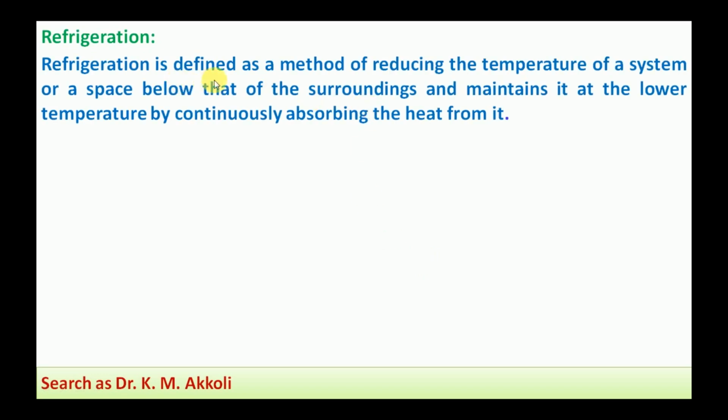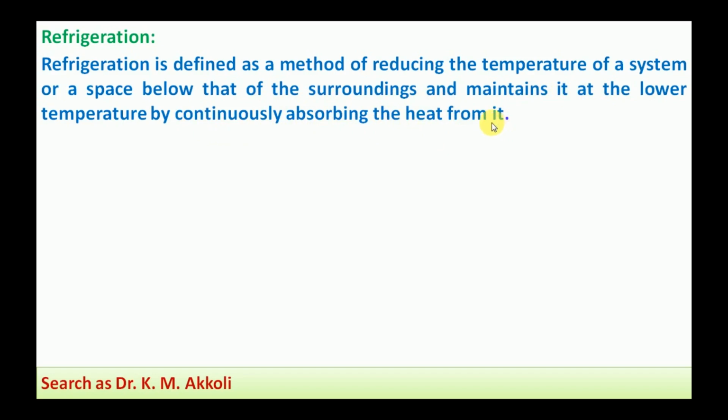First we will take refrigeration. Refrigeration is defined as a method of reducing the temperature of a system or a space below that of the surroundings and maintaining it at the lower temperature by continuously absorbing the heat from it.